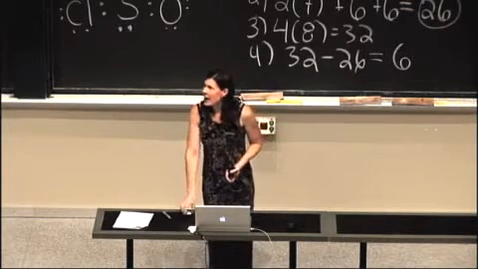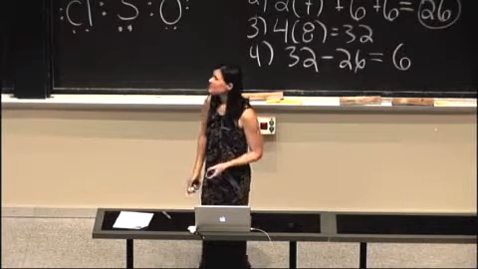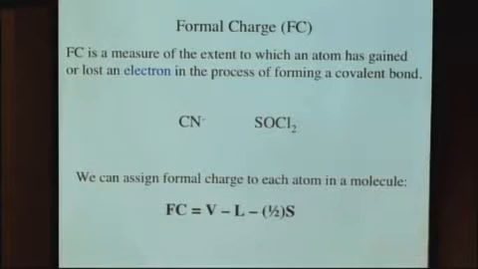So when we think about any type of formal charges, we have to assign these based on a formula, which is very easy to follow. Formal charge equals V minus L minus 1/2 S. It's even easier to follow if we know what all of those stand for. So FC, I think you all know, is formal charge.